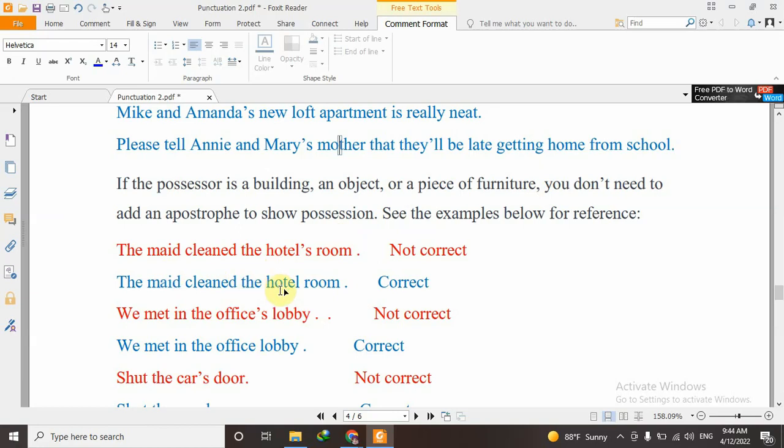The maid cleaned the hotel room, or the maid cleaned the room in the hotel. We met in the office lobby, not the office's lobby, without the possessive s.